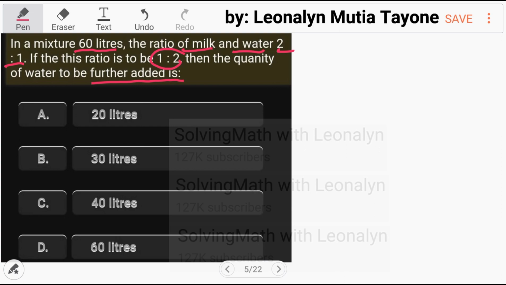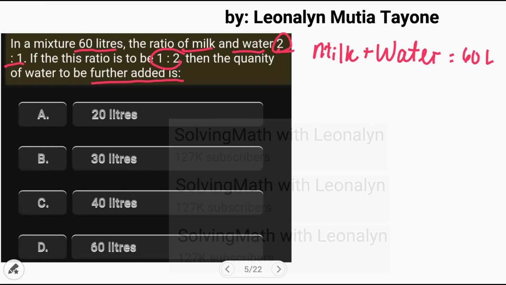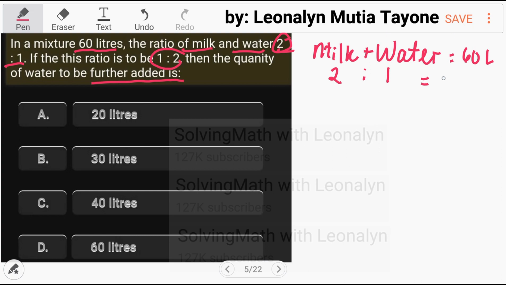So, focus muna tayo sa mismong given. Ito ay milk at si water. Ang total nito ay 60 liters. Anong ratio nila originally? 2:1. Lahat ng yan ay 3.